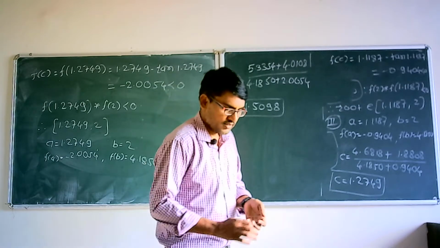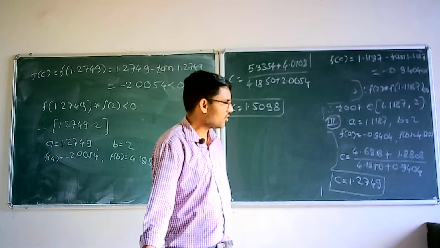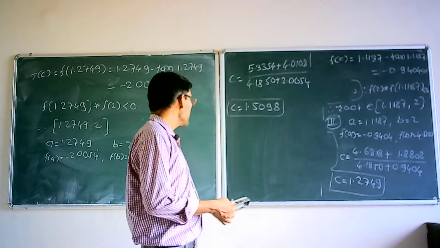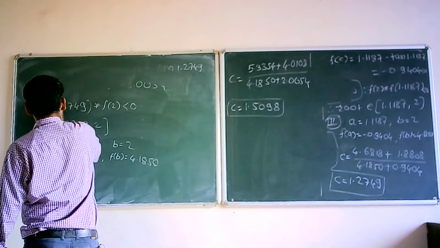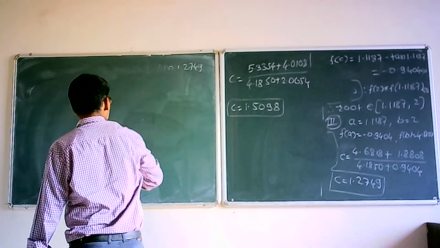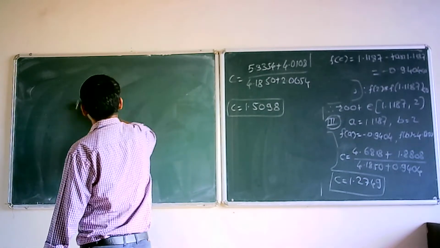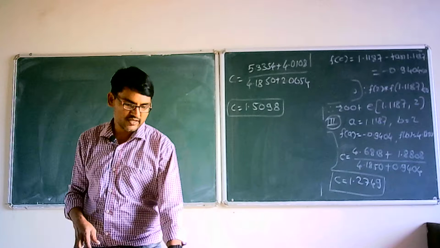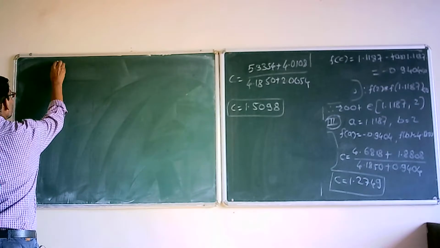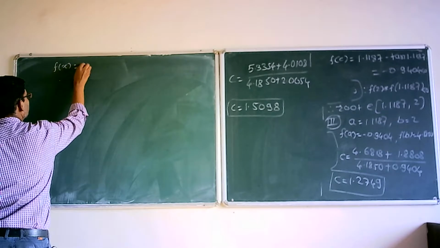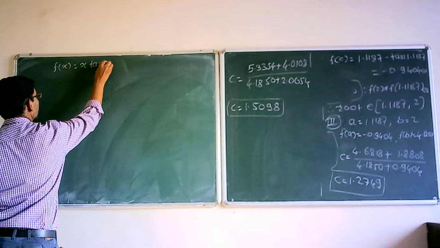Okay, so we want to stop here today. If you apply the Newton-Raphson method to get the root of this equation, here f of x is x minus tan x.